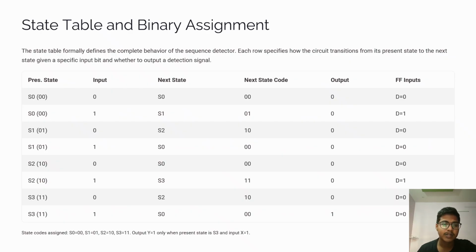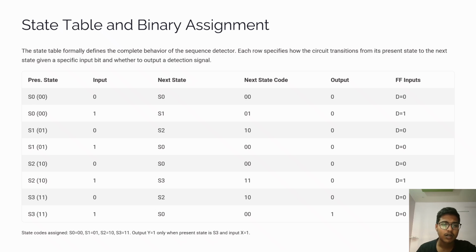Here, state tables and state assignment. After drawing the state diagram, we prepare a state table listing the present state, input, next state, output and FF inputs.